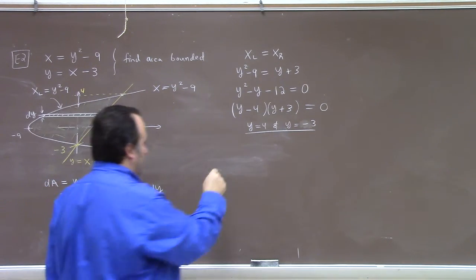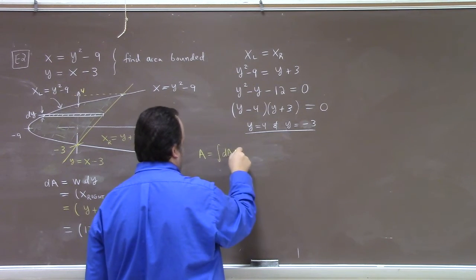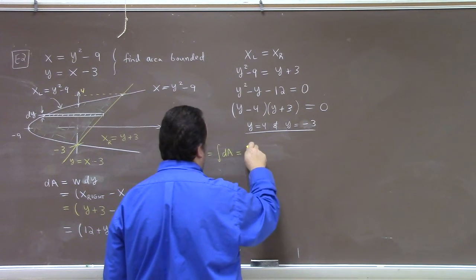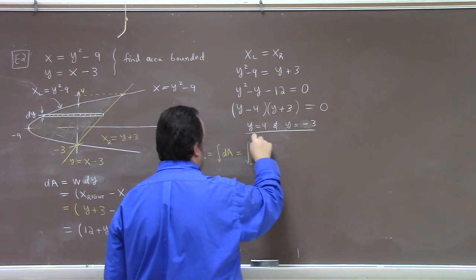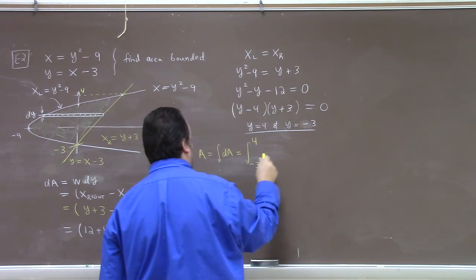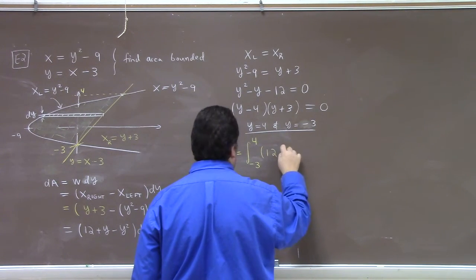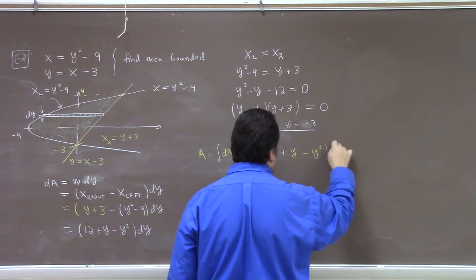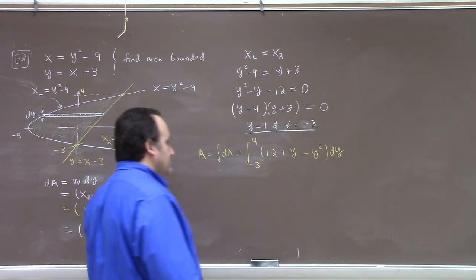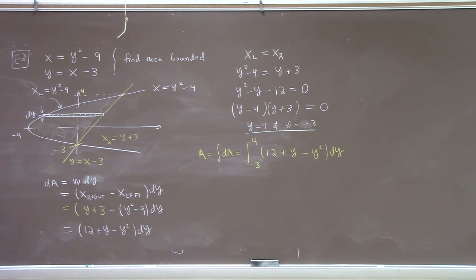So here we go. The area is the integral of dA, right? We take the continuous sum of the dAs, but what that means here is that we go from minus 3 to 4 of dA, but dA was what? It was 12 plus y minus y squared dy. And now we just have to do the integral, which we can do.